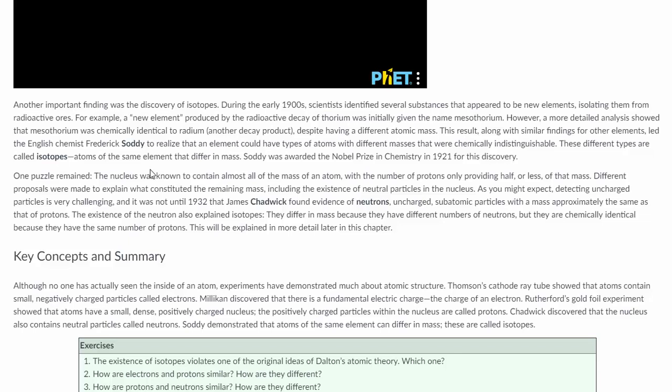What this led us to learn was that we have neutrons as well, and those neutrons can vary in what are called isotopes. So it's atoms of the same element, but they differ in mass because they have a different number of neutrons. So now we've found the electron, we know its mass, and we know its charge. We know we have a nucleus that contains protons and neutrons. Now we're going to work with what to do with those particles.